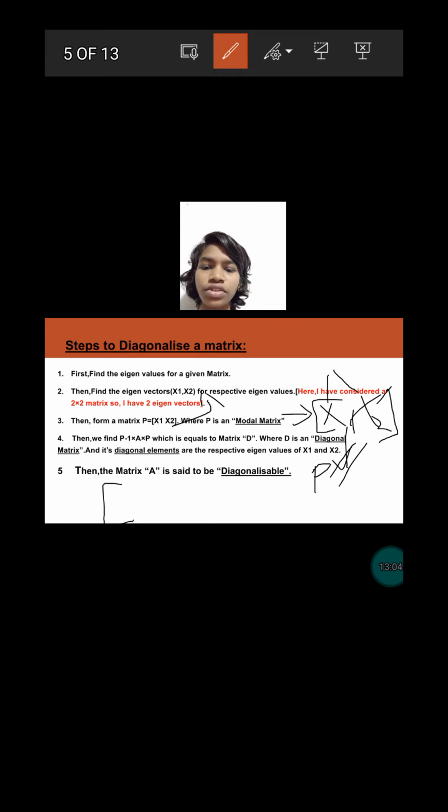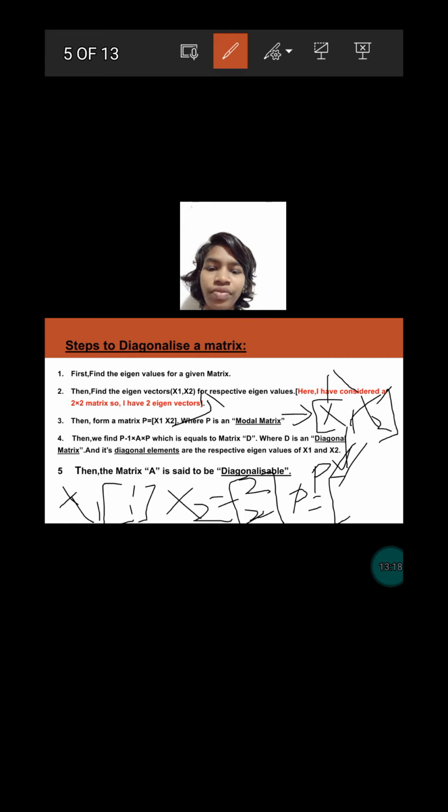If x1 equals (1, 1) and x2 equals (2, 2), then model matrix P equals [1 1; 2 2].